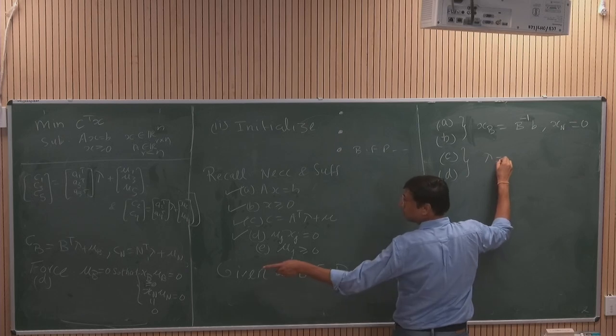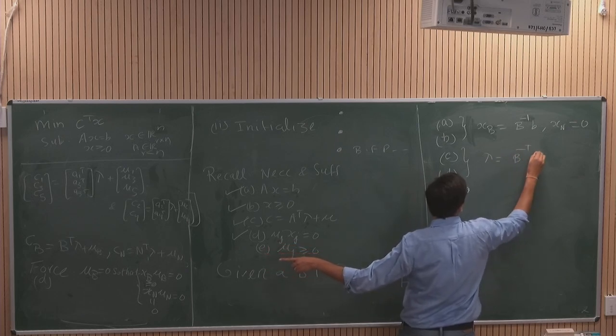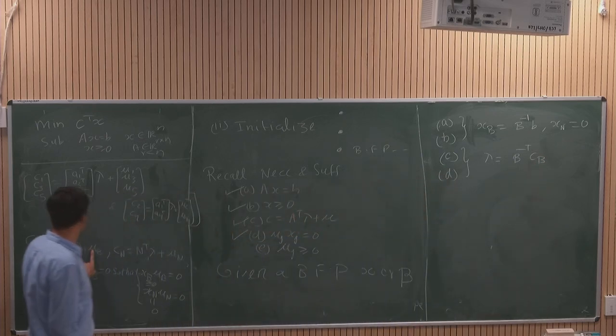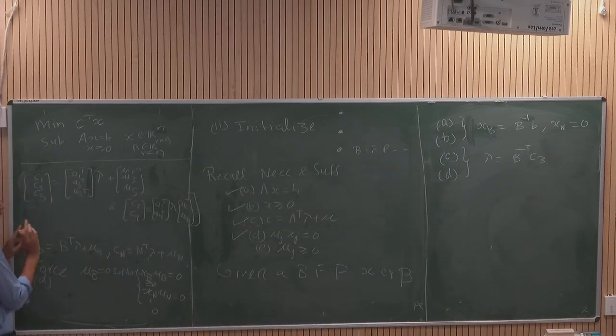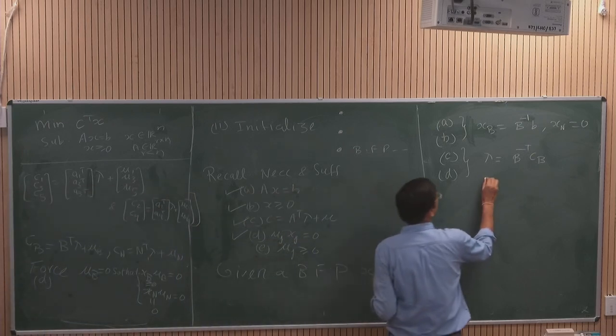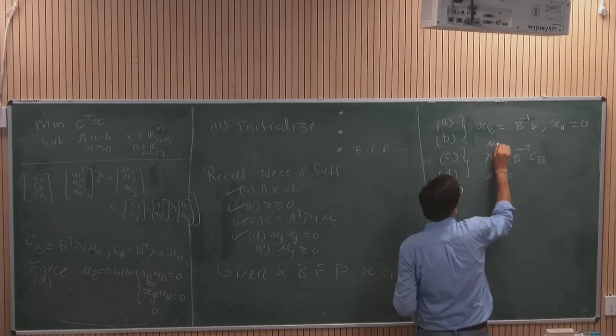lambda is equal to B minus transpose CB. Put this equal to 0, take this to the other side. Correct? And then also we already forced that mu B is equal to 0.